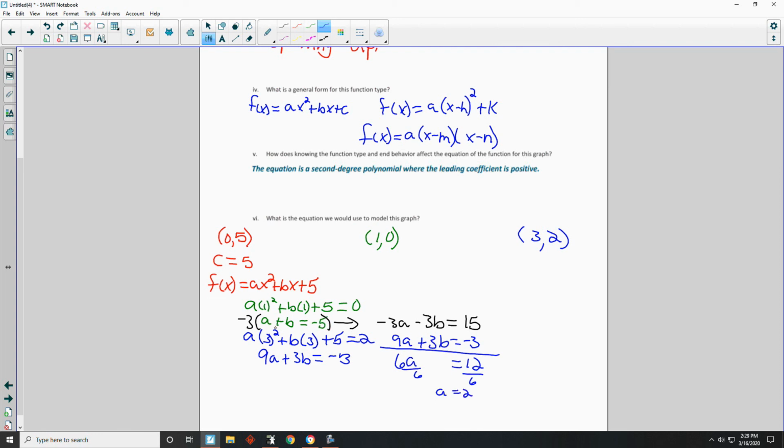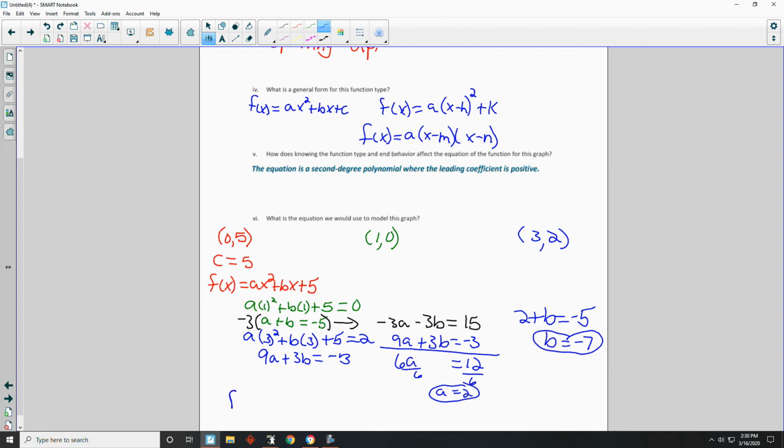So if a is 2, substitute it in. 2 plus b equals negative 5. Subtract 2 from both sides, and b equals negative 7. Okay, so now I have a equals 2, b equals negative 7. So the equation is ax squared plus bx plus c.